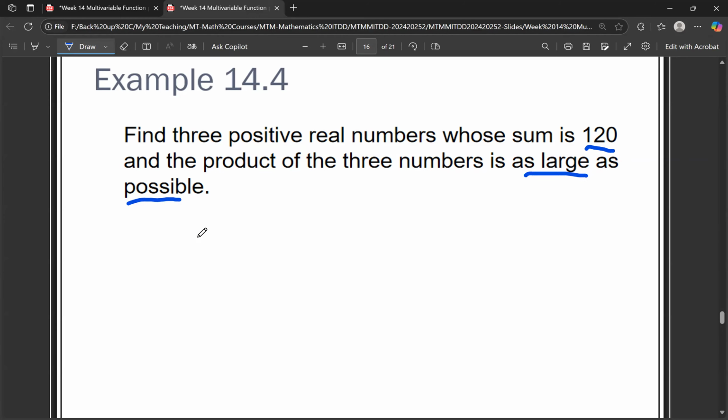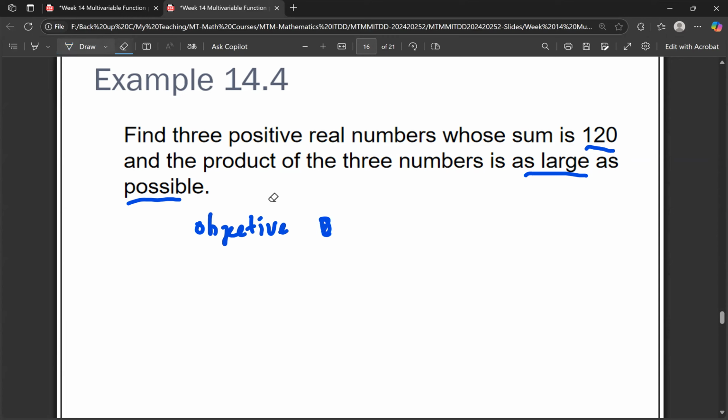So our objective is to find the function, which is the multiplication of x, y, and z.